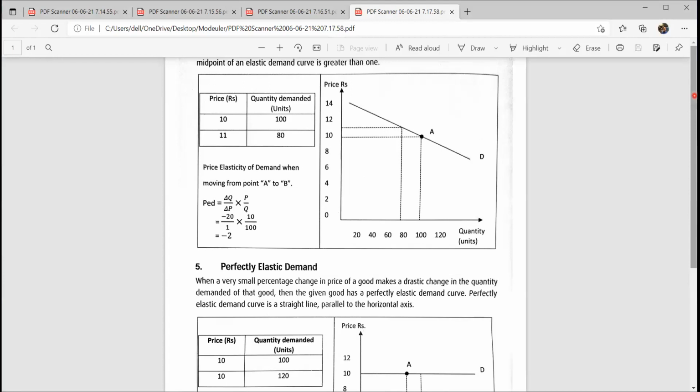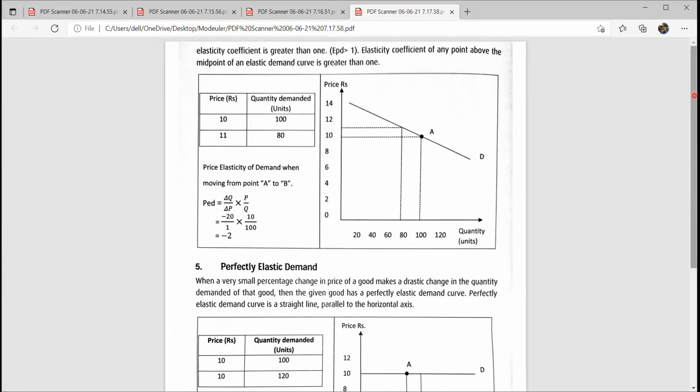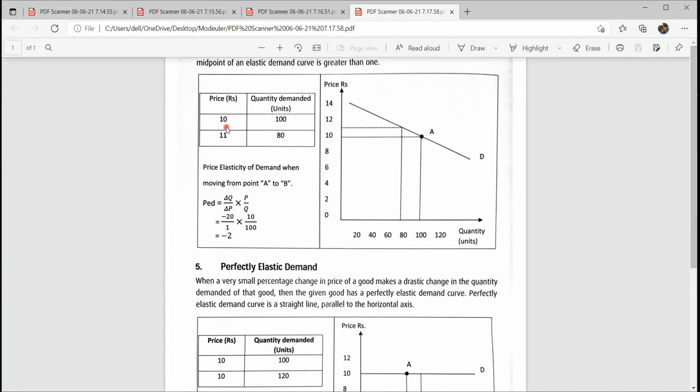So, at the midpoint, the elasticity coefficient is greater than 1. Elasticity coefficient means the value at any point above the midpoint of an elastic demand curve is greater than 1. Right now, here the price changes from 10 to 11, and quantity demanded decreases from 100 to 80.